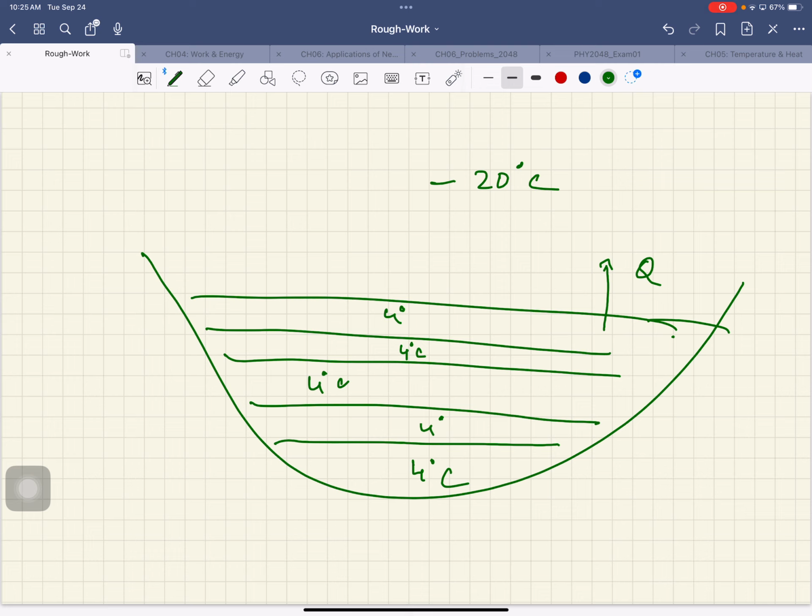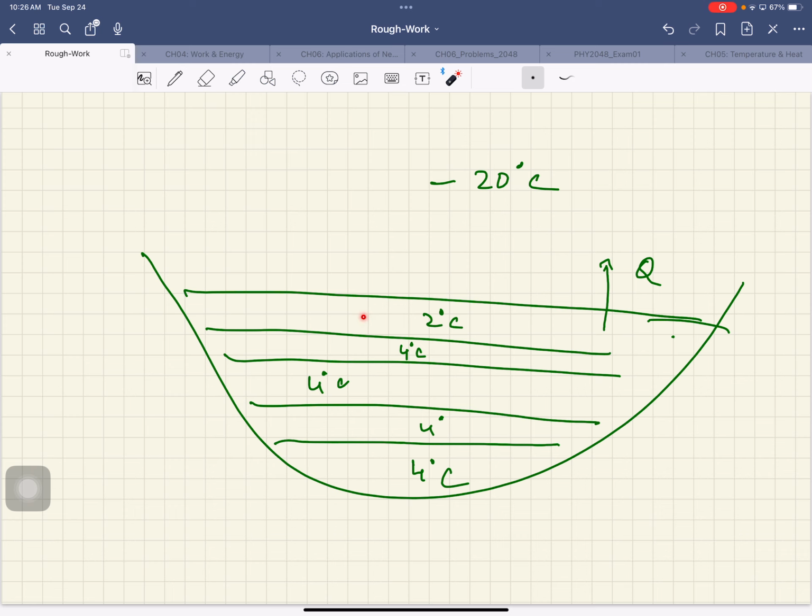The air is still at minus 20 degrees, so heat will still flow. Now this water goes to 2 degrees Celsius. If water was like any other substance, this would have been denser and would have sunk.